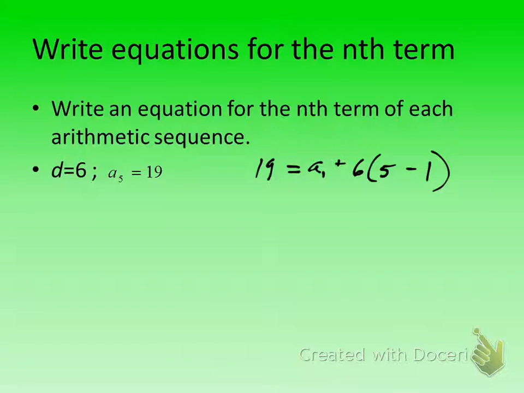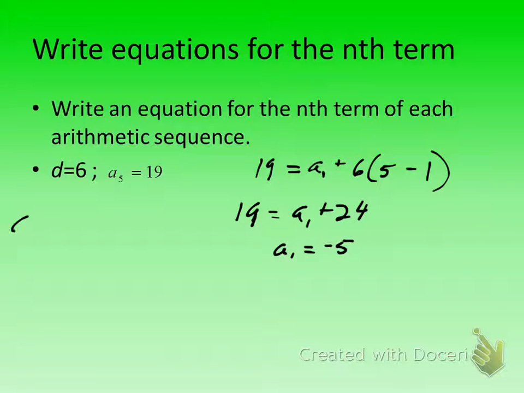All right. Clean up, distribute, or clean up, multiply, solve it. So 19 equals a sub 1 plus 24. So a sub 1 equals -5. And then go back in, now that you know your first term, take your first term, take your D, and write your equation. All right?